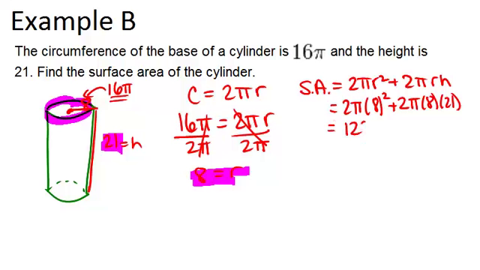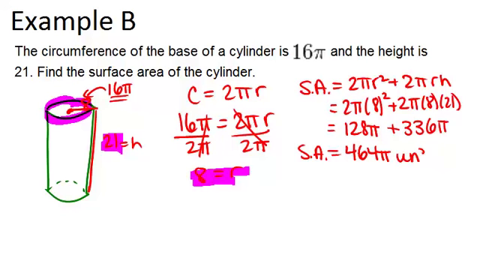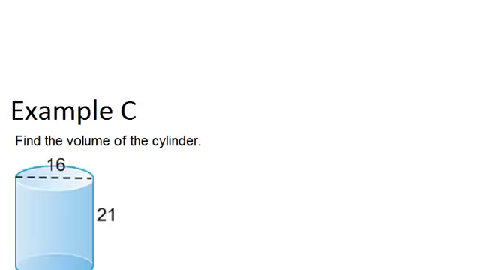We get 128 pi over here because 8 squared is 64 times 2 is 128. And 336 pi over here. So combine those together and you get the surface area is 464 pi, and that would be units squared because it's a surface area.